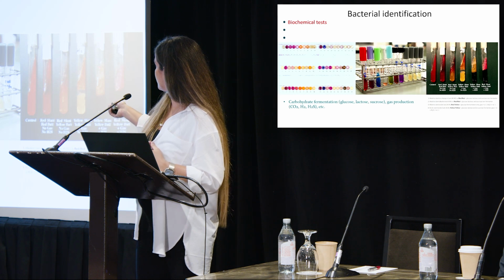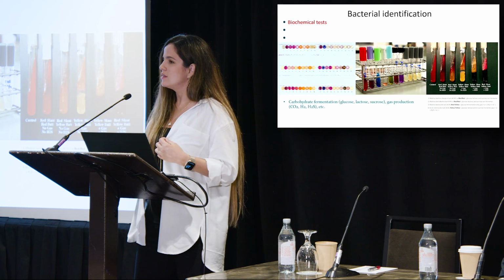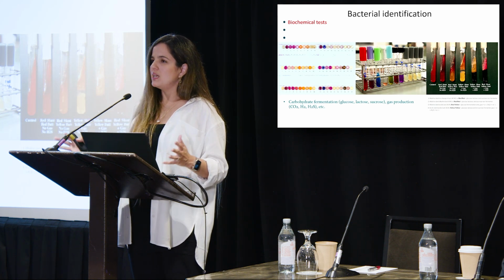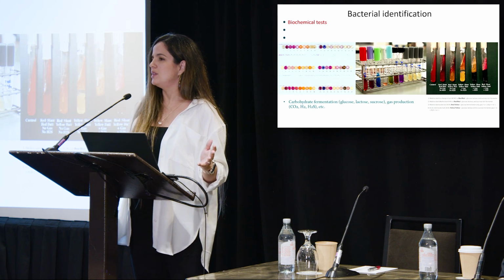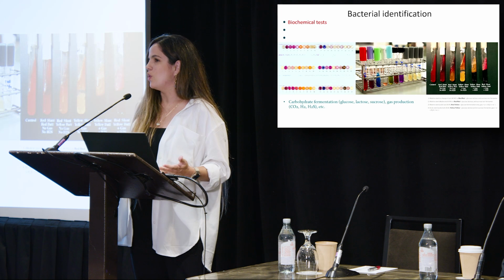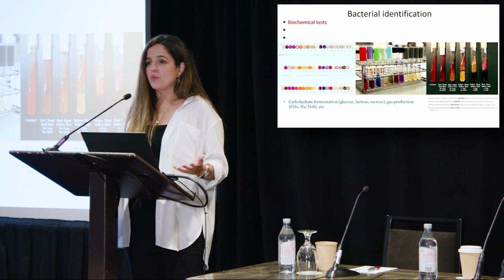So usually when we stick the colony in the agar like this, and you see that the bacteria are going over the sides of the tube, this means that the bacteria has motility, right? So with this and many other tests that we do in the lab, we can tell the specific species that was involved in our samples.